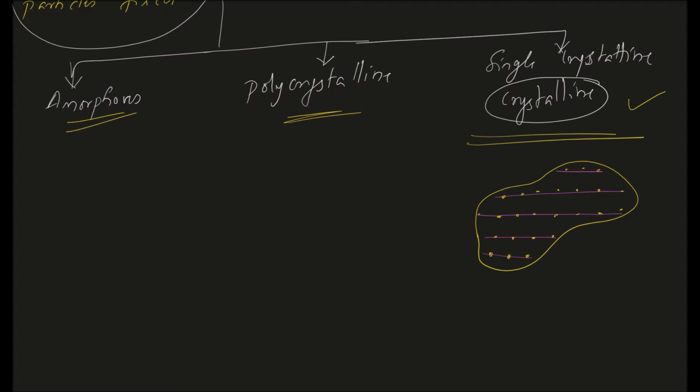There is a perfectly ordered arrangement of the constituent particles. You can think of these materials as formed by a regular repetition of identical building blocks in all three dimensions. Now what is the case if your material is a polycrystalline one? So let's again consider an arbitrarily shaped material.